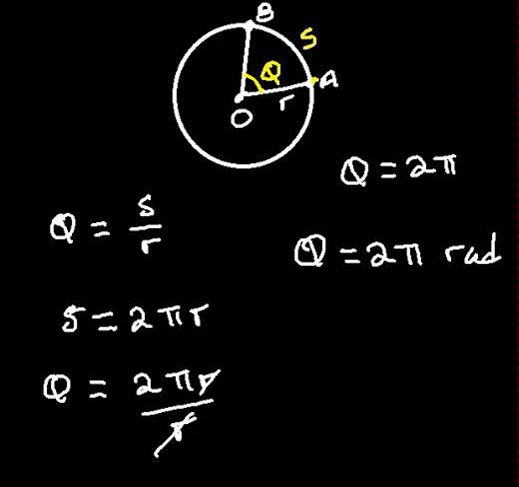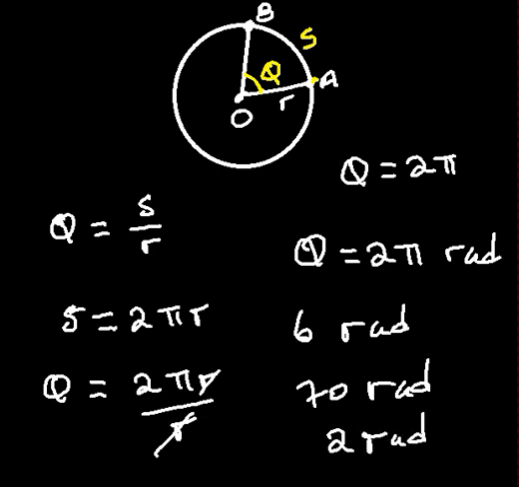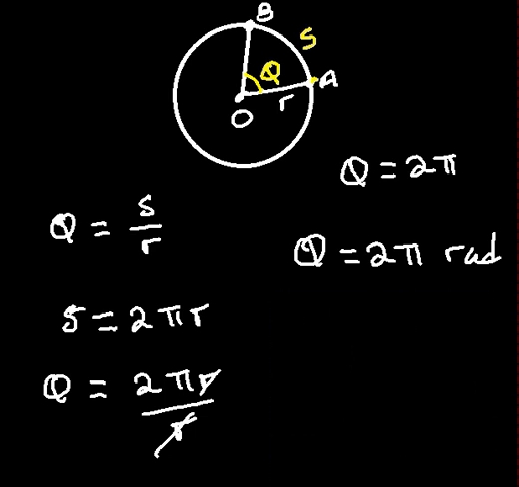So you can have, let's say, 60 rad, that is possible. We can have 70 rad, that is possible. We can also have 2 rad, that is possible. So that's how we measure angles in terms of radian measures. Keep that in mind.